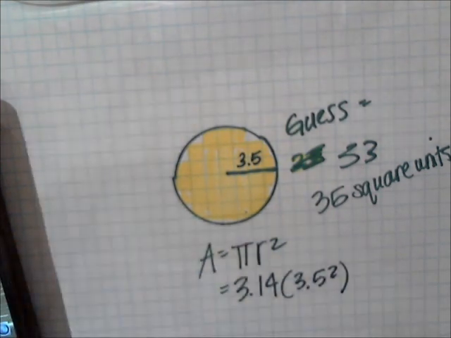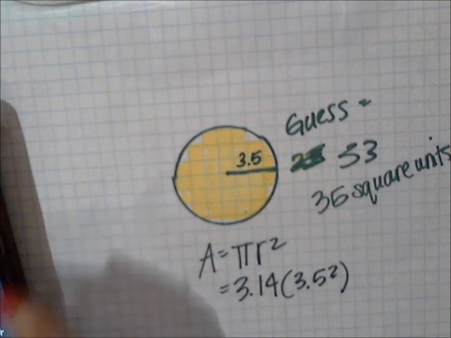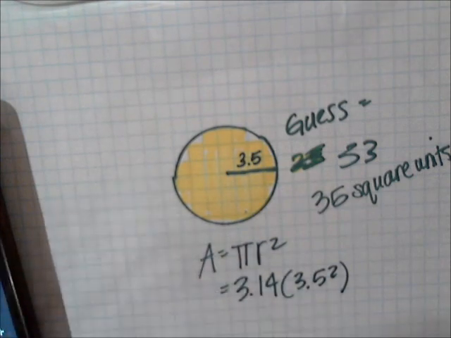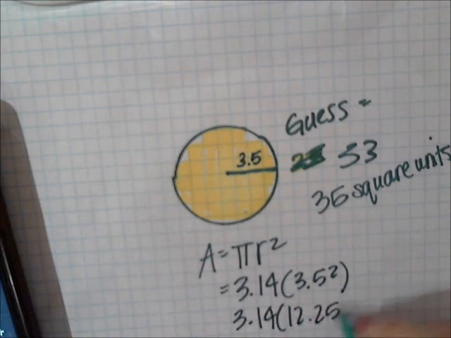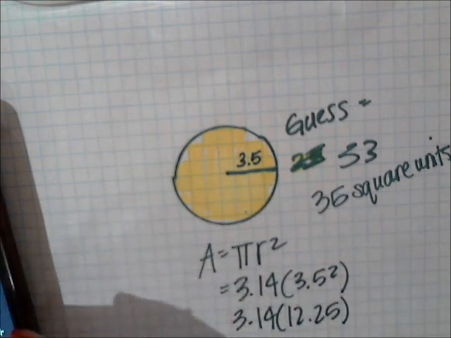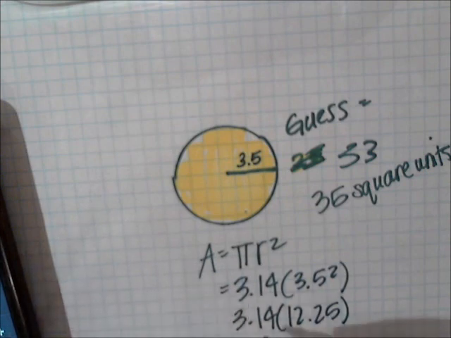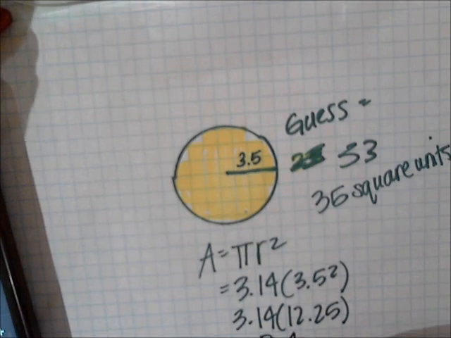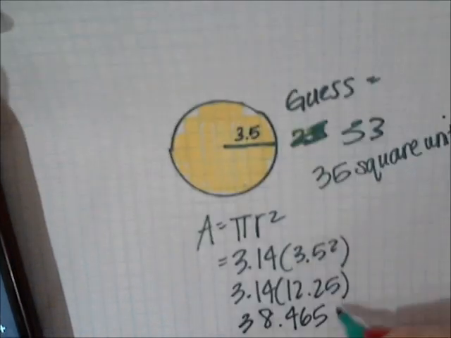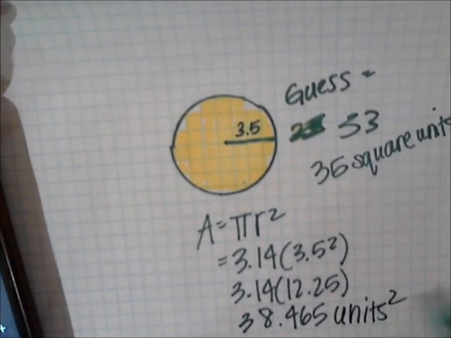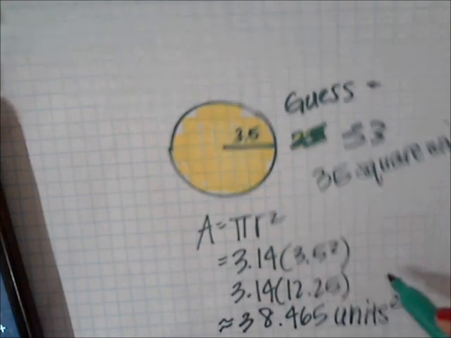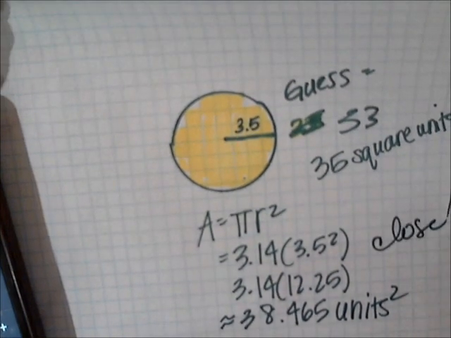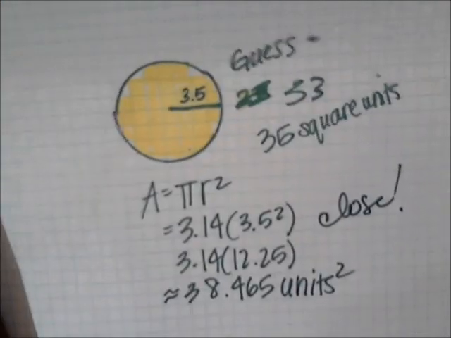Hold on, guys, I'm almost done. 3.5 times 3.5 equals 12.25, and we're going to multiply that times 3.14. Oh man, it's 38.465 units squared. Oh well, I would say I was pretty close. I'm going to be happy with my guess.